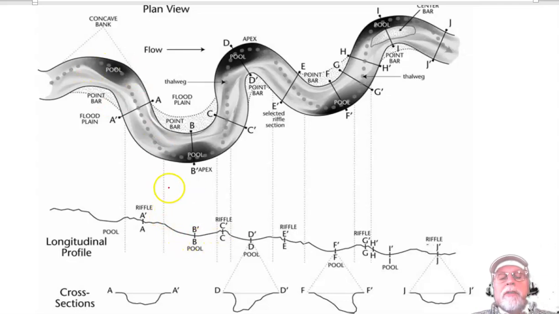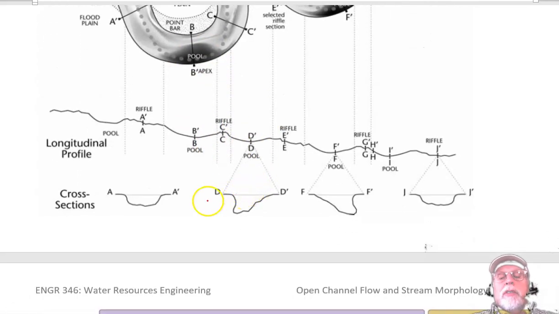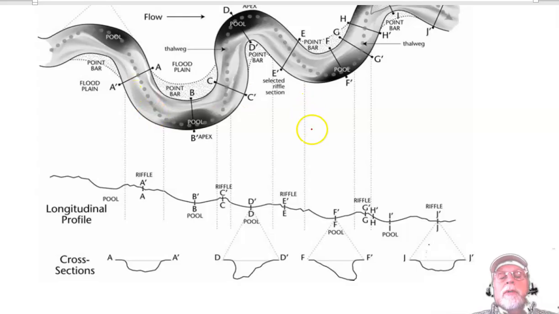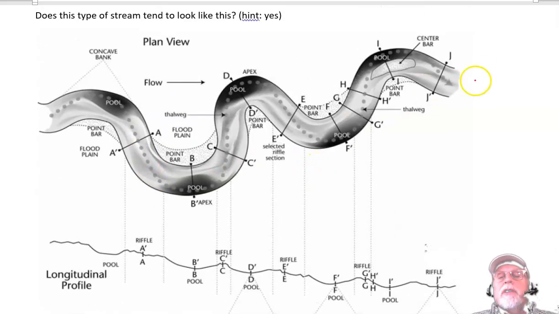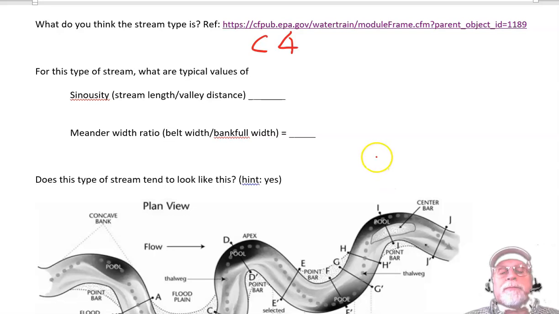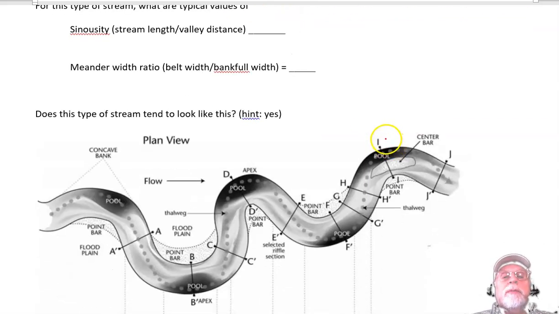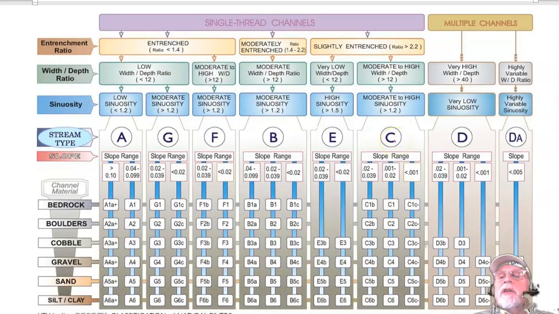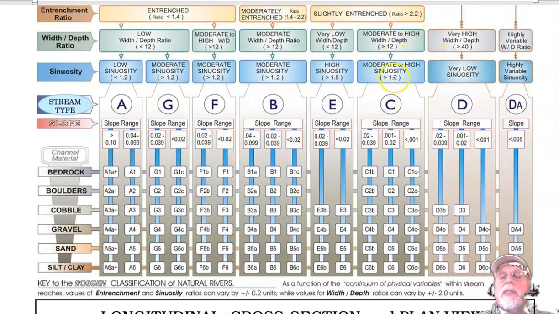So it digs it out under the bank there, and then the pool cross section looks like this, where it's cut to one side and slopes up on the other, whereas a riffle cross section is fairly uniform across there. And you can get these center bars and point bars on the gravel bars. So a C4 tends to look like that, and we can get some more information. A C4, we said here, has a moderate to high sinuosity greater than 1.2.